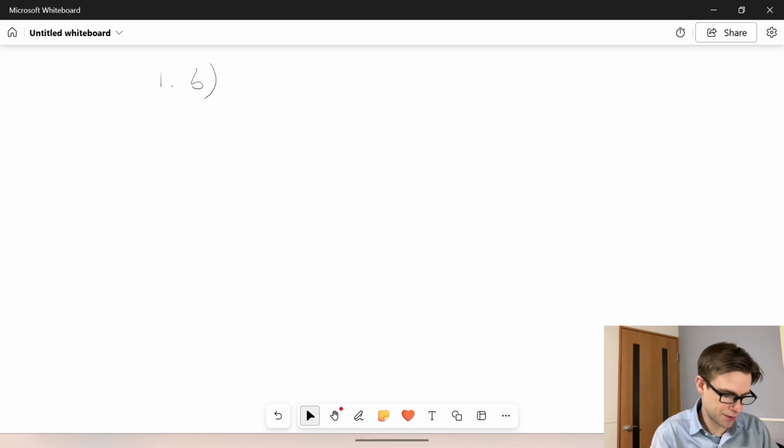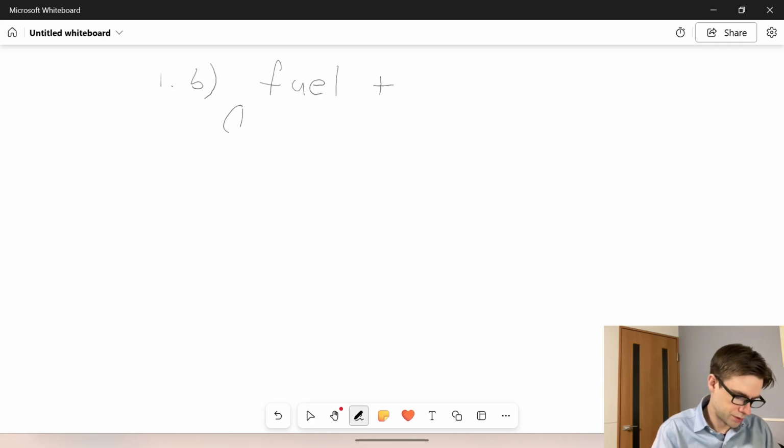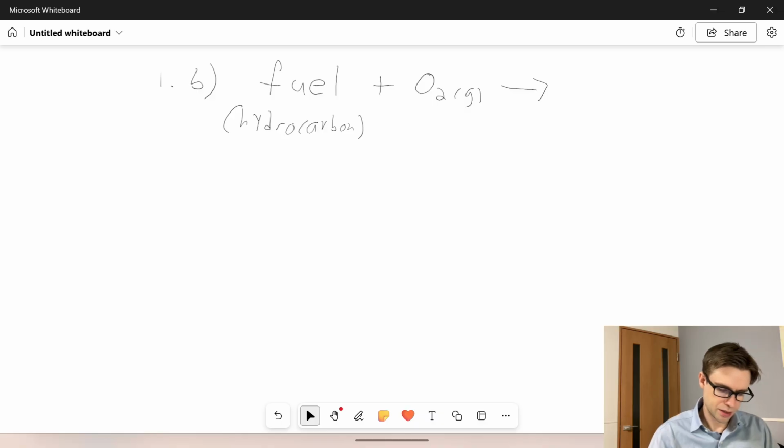But just for today, what I want you to remember and realize is that a very common chemical reaction occurs. A fuel, usually this is a hydrocarbon, that means it contains only hydrogen and carbon, plus oxygen gas, O2 gas, combusts to produce CO2 and water.